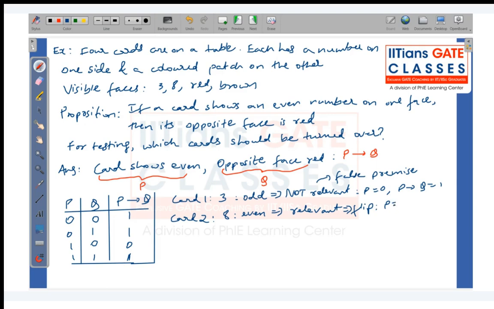So this will correspond to the case of P equal to 1 and P implies Q. We don't really know the value. It can be 0 or 1. And the third card, this fellow is red. Okay. So this card 3, is it relevant or not?